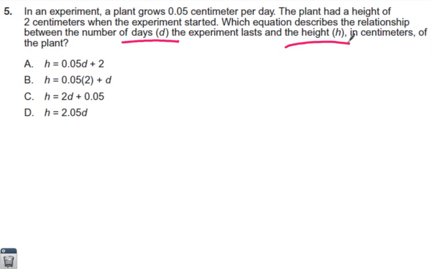So considering that we're growing 0.05 centimeters per day, wouldn't it make sense to multiply the 0.05 and D, since D is the number of days? 0.05 centimeters for each day times D days.